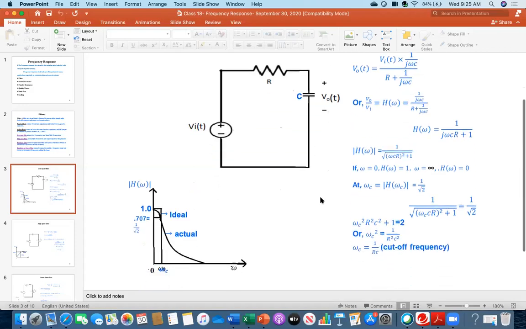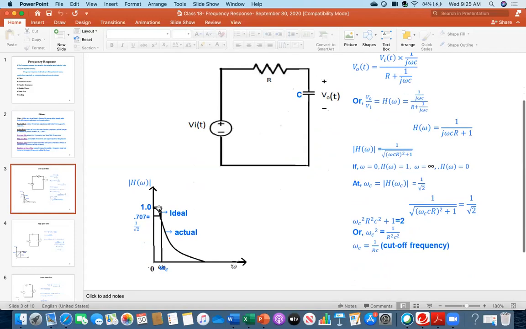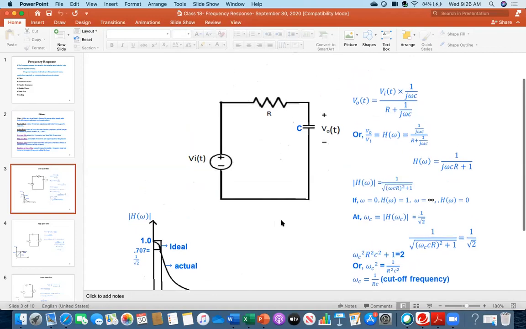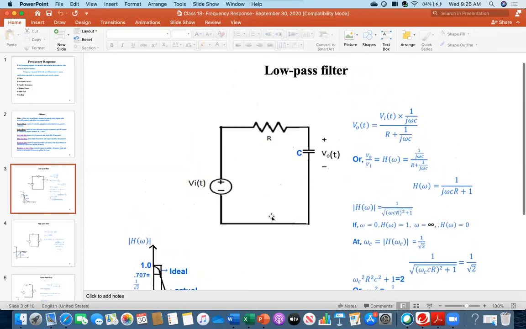Here I have drawn the ideal curve that I was showing you on the whiteboard, but the actual curve may look like that. I am coming to that point soon. I said that this is a low pass filter. So how do you understand, how can you prove that this is a low pass filter?